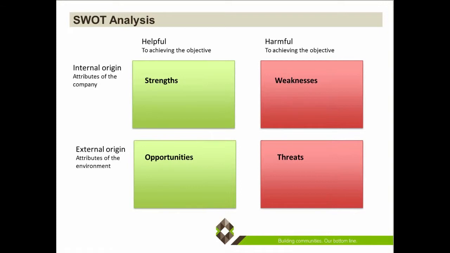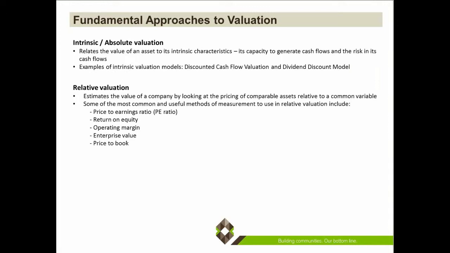So once we've looked at a SWOT analysis, we're going to look at how we're going to value these companies. And fundamental approaches to valuation, we normally get two. We get intrinsic or absolute valuation, or we get relative valuation. So absolute valuation relates again to the value of an asset based on its intrinsic characteristics.